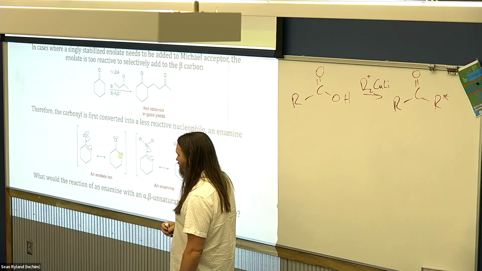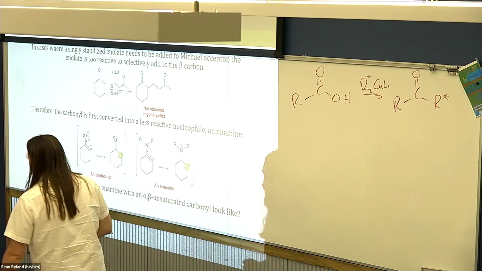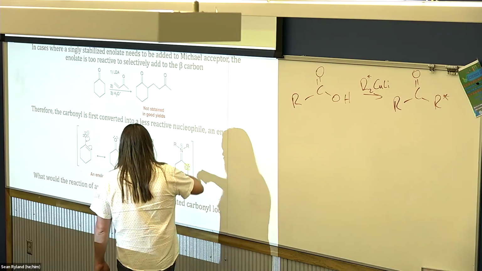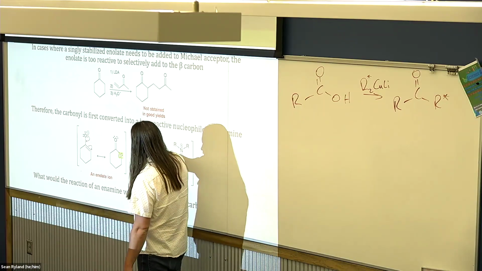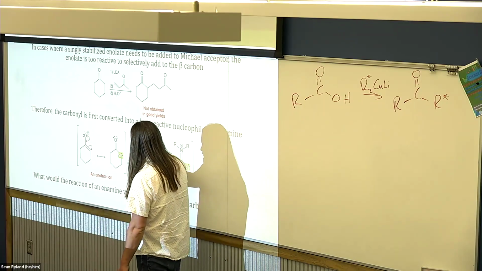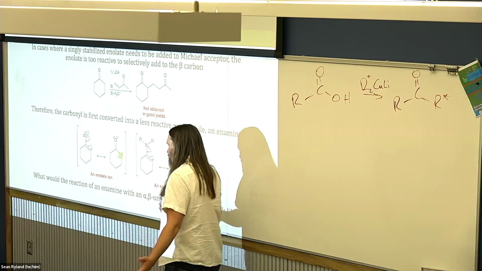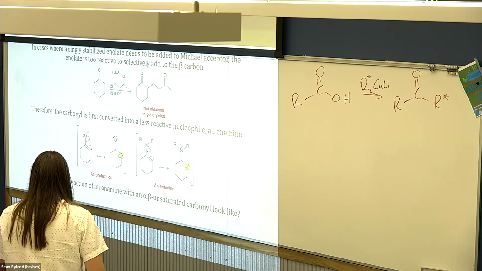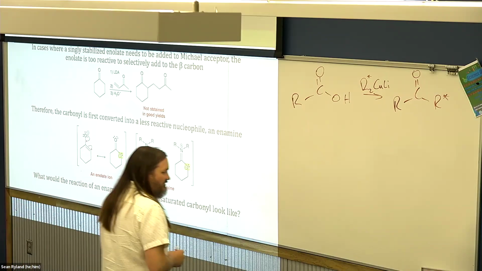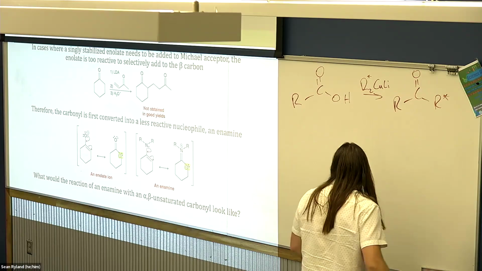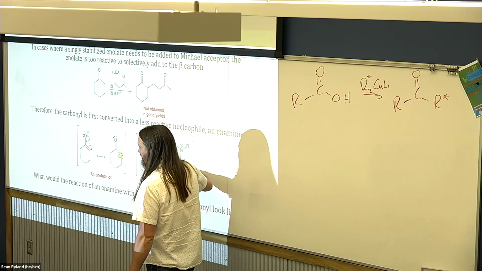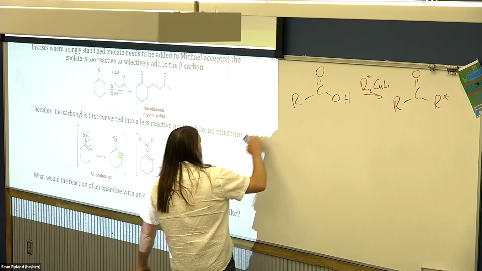I think we talked about enamines back when we talked about carbonyls, right? These enamines are just when we have a nitrogen with an R group attached to an alkene. With these being even less reactive than the enolates, we can have an enamine react and add in the beta position.